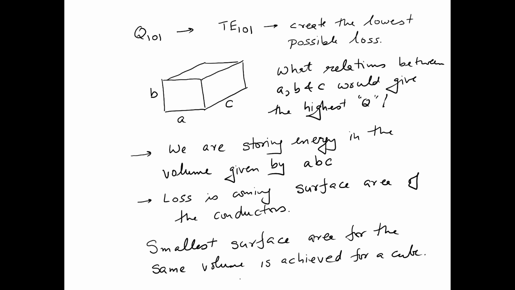So for most practical purposes where we want high Q, we want to reduce the loss, so A has to be equal to B has to be equal to C. For most practical purposes, we go for cubes as far as possible.